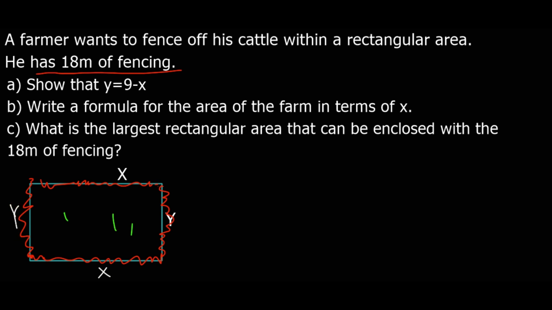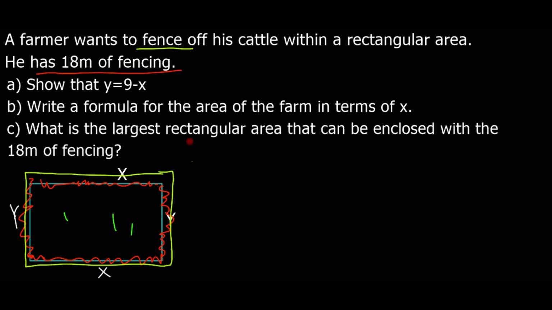And then we are given the perimeter, because the farmer wants to fence off his cattle. He wants to fence off the farm. In other words, he surrounds it and the distance is 18 meters.